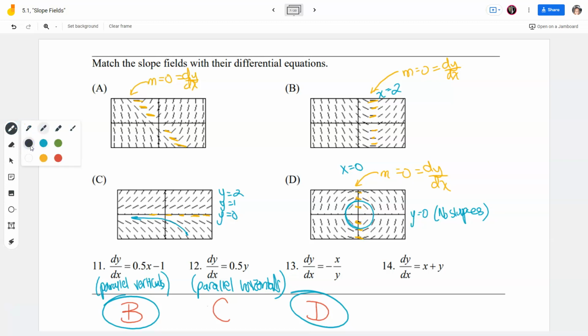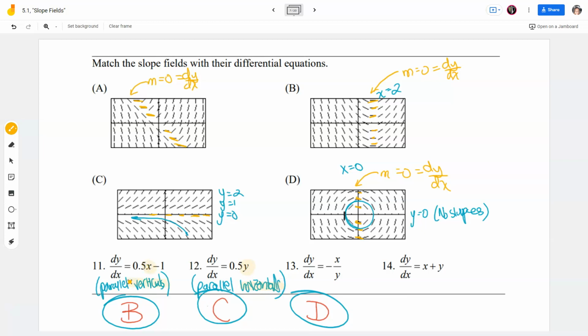Both of these axes, you can't see slopes, but this one it was flat, so it was on top, so you couldn't see it. This one, it's vertical, so it won't show it because that's not a function. So there is a difference between not seeing. It could be not seeing as in flat or not seeing as in undefined. Follow the flow and then you'll know the difference. But yeah, in terms of y, parallel horizontals is a great way of looking at it. In terms of x, parallel verticals.